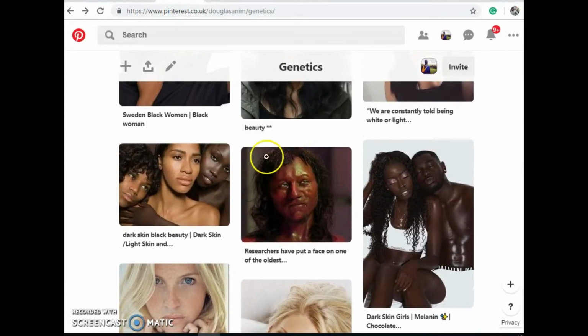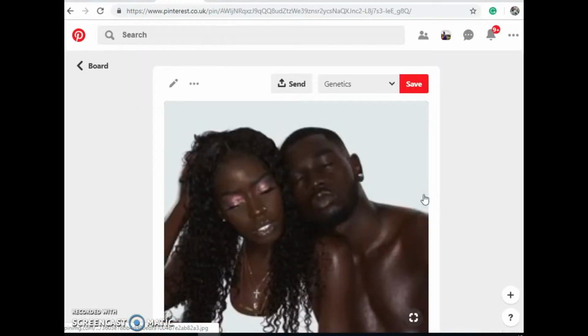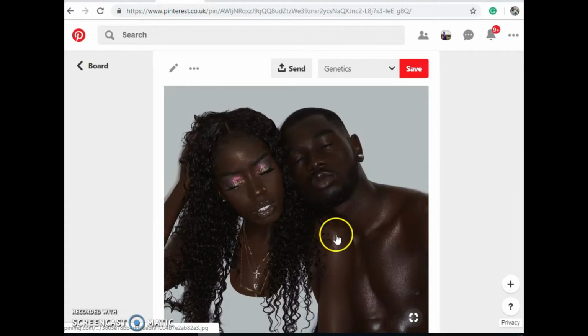Dark skin gang. So here's a beautiful couple. Well, they look like a couple. Basically, eumelanin is what's responsible for the dark skin, and eumelanin comes in two variations. You've got dark brown, basically black, and you've got brown.